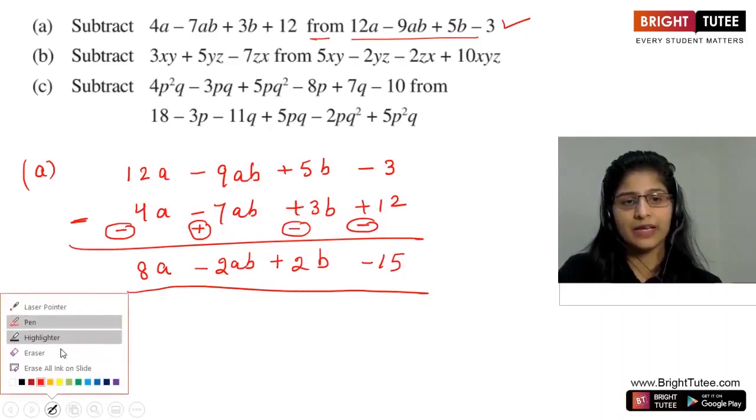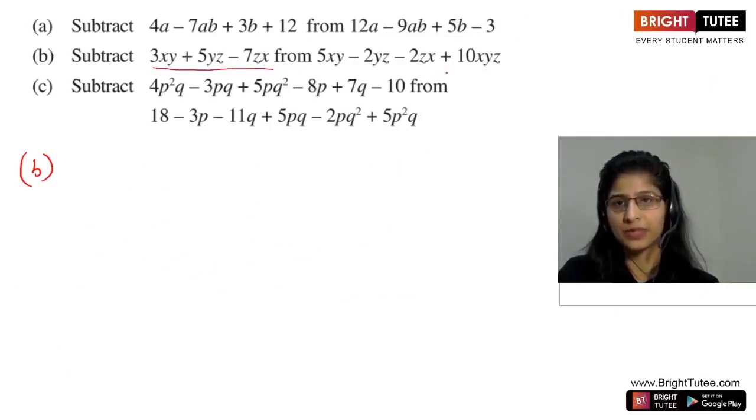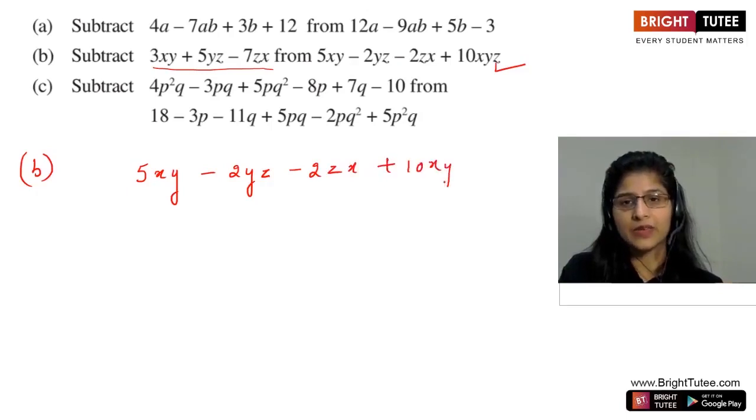Now the second part, okay, in the B part, we have to subtract 3xy minus 5yz minus 7zx from this. So let us write whatever is there after from that first, because from this we have to subtract 5xy minus 2yz minus 2zx plus 10xyz, and we have to subtract what from it?